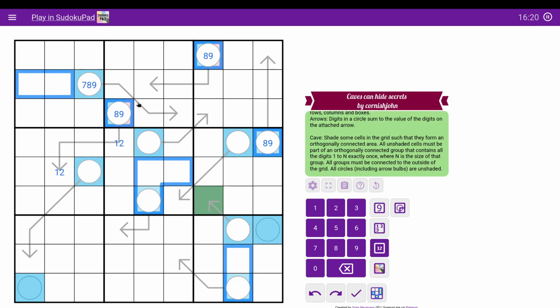yeah, just random 9s places. If this is a 2, let's see, 4 into 9, this has to be 1, 4, 2, 2, 1, 4, 3, 9, 9, 7, I'm not sure.